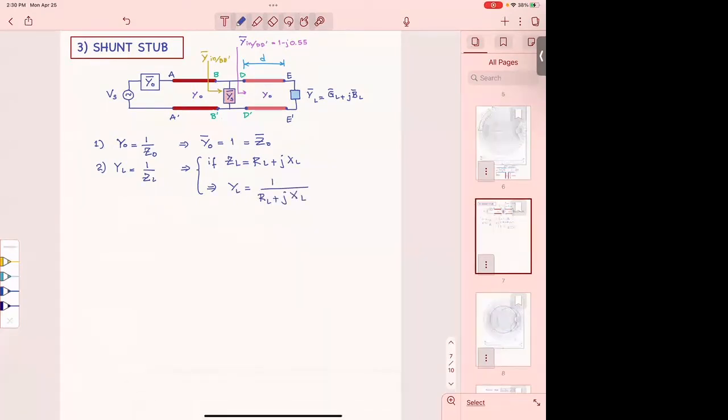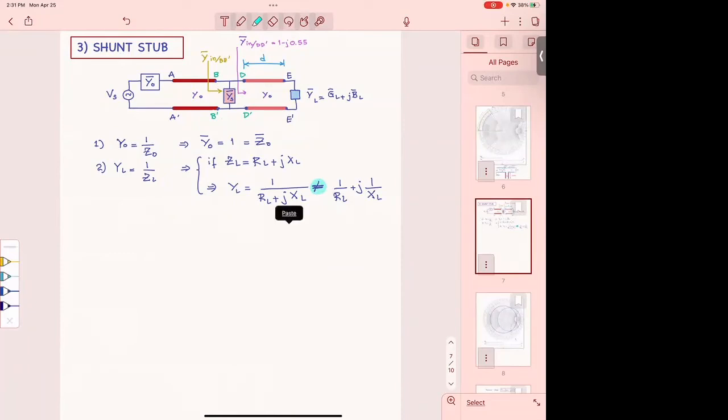It's not 1 over RL plus J 1 over X sub L. I have seen this mistake numerous times. So it's not that, all right? You need to remember this. If I don't give you YL, but I give you ZL, and you want to use YL, you have to invert the whole complex number, ZL, all right?